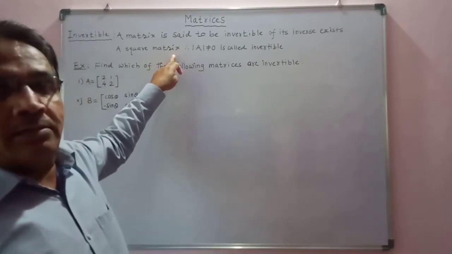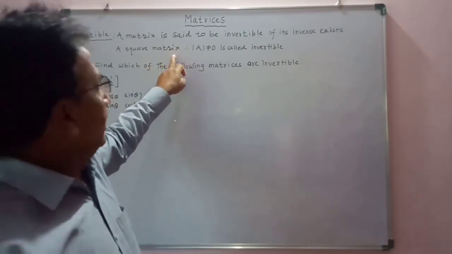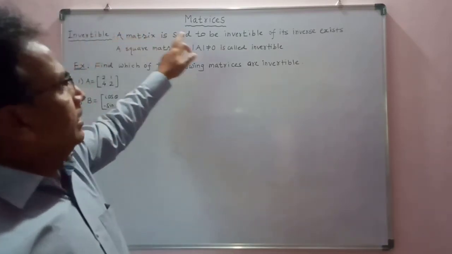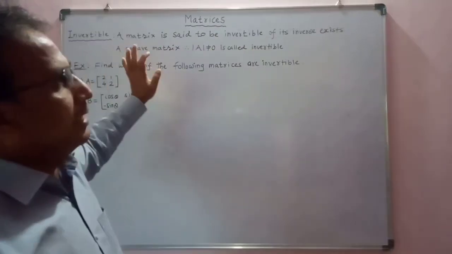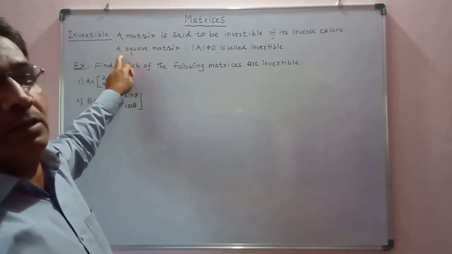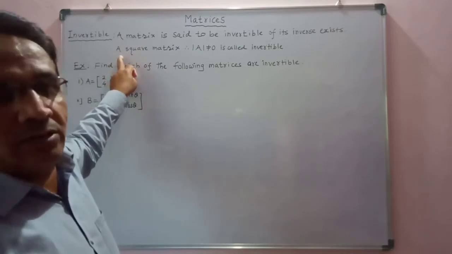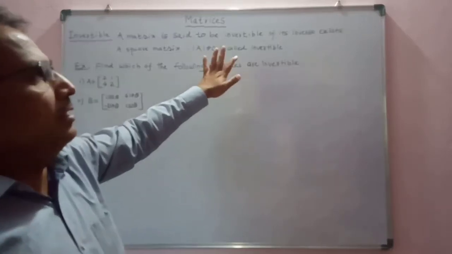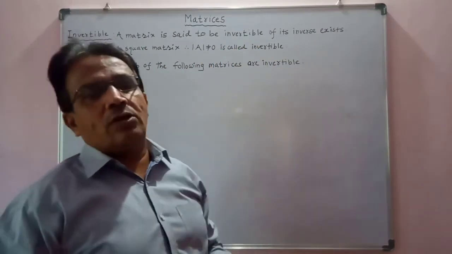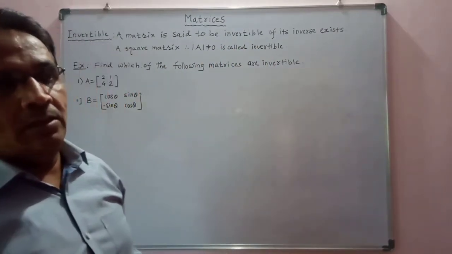A singular matrix is not invertible. Therefore, these matrices are square matrices.